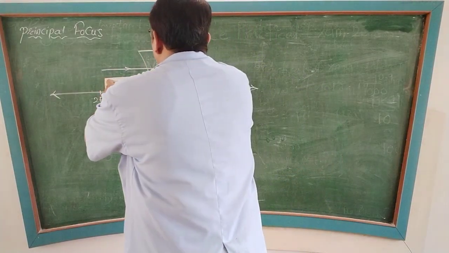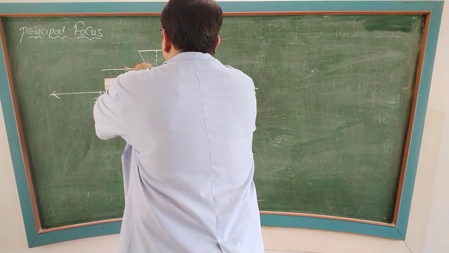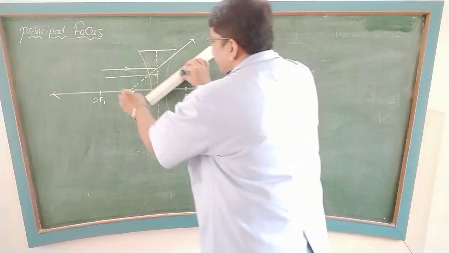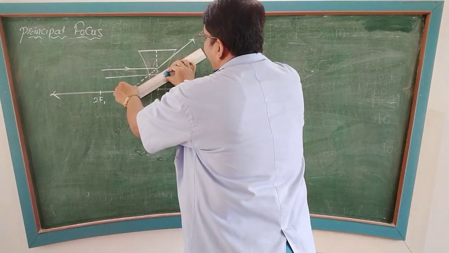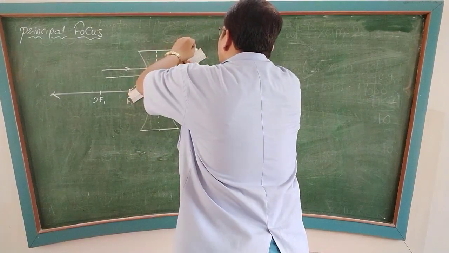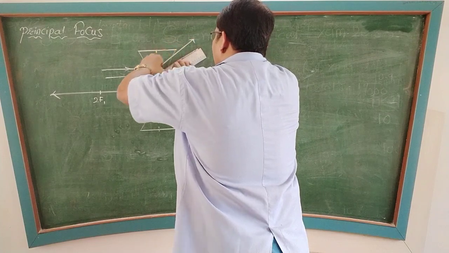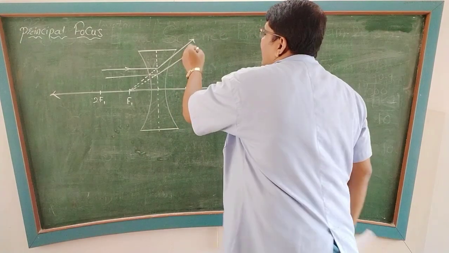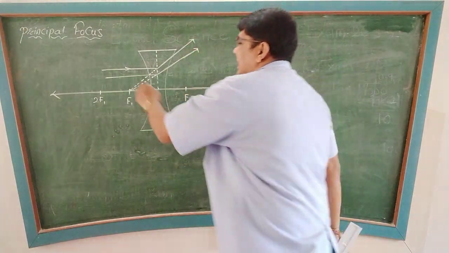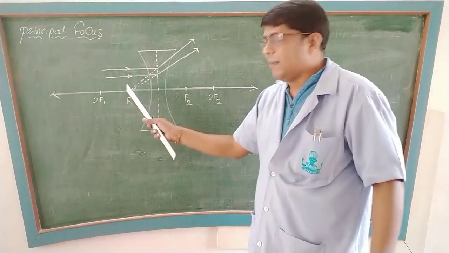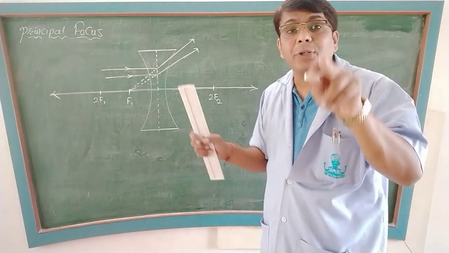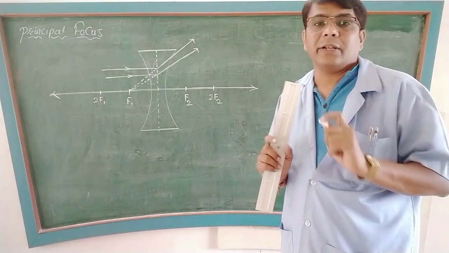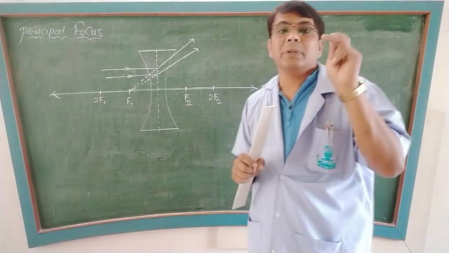Second, suppose I have this second ray of light. See here, keep the scale from F1 and plot it first. Extend it backwards with dotted lines only. So this is my second. If you draw in such a way, they appear to meet each other, they actually do not meet, they appear to meet at a point on the same side. That point is called the principal focus.